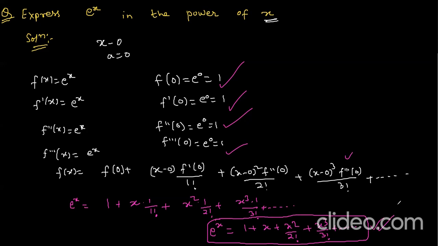Or you can say Taylor series is used for changing any function into algebraic function. This is what? Algebraic function. This is exponential function. Yes. This is what, root x.